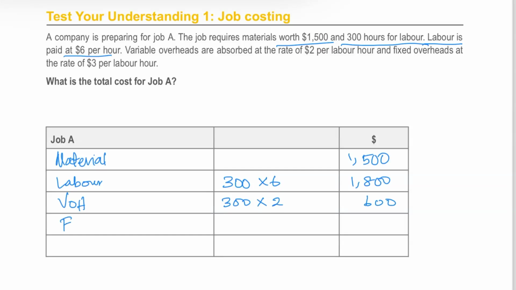And then we have fixed overheads, which again will be absorbed using labor hours and at $3, which will be 900. So our total cost for job A is 4,800.